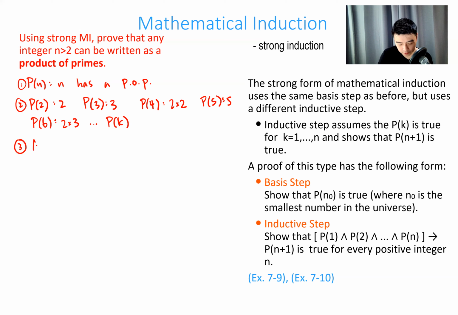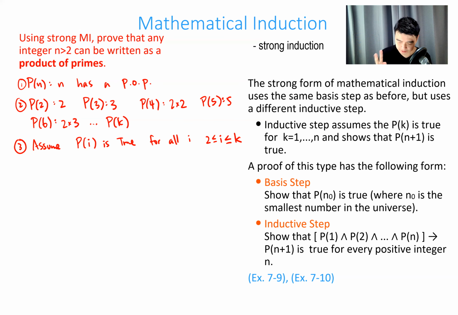Number 3, I'm going to assume that P(i) is true for all i from 2 up to k. I'm going to assume that P(i) is true for every i that is from 2 up to k. So what does that mean?